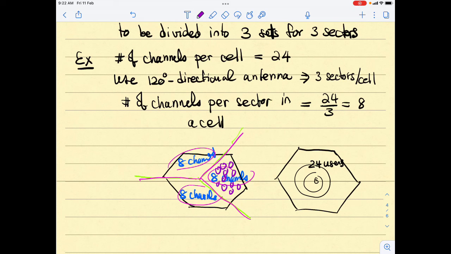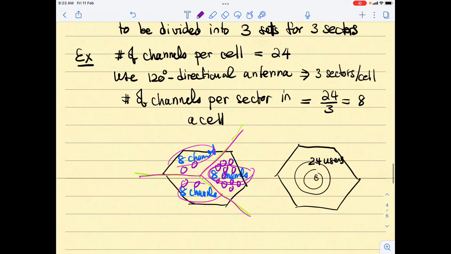It won't be able to support all the users because it only has 8 channels, even though in all the other sectors there's only 1 or 2 users, and there are some channels that are free. So this is what I'm referring to when I say it's less efficient. We use the resource, which is the channel, less efficiently when we divide the number of channels into smaller bins.